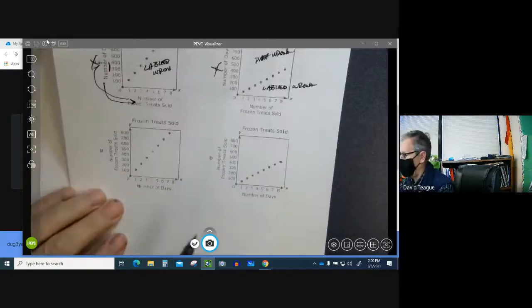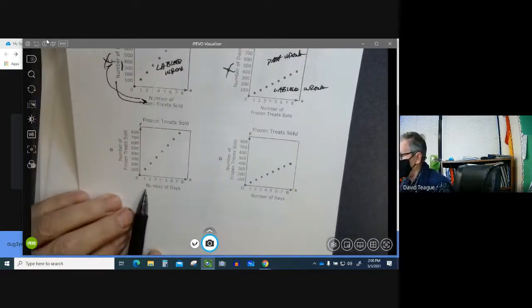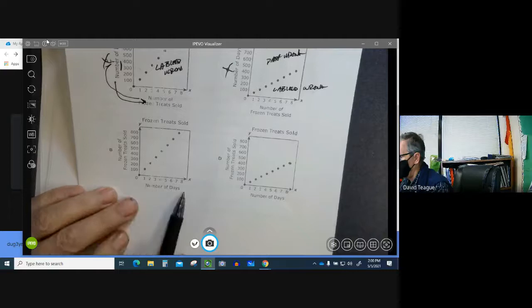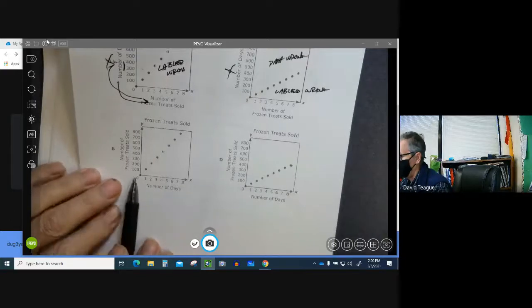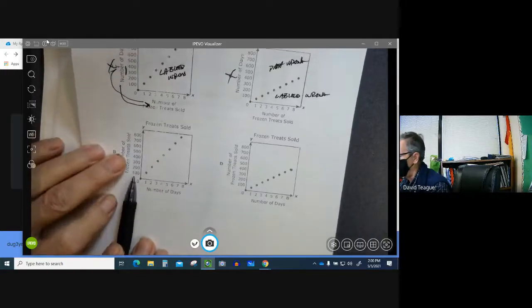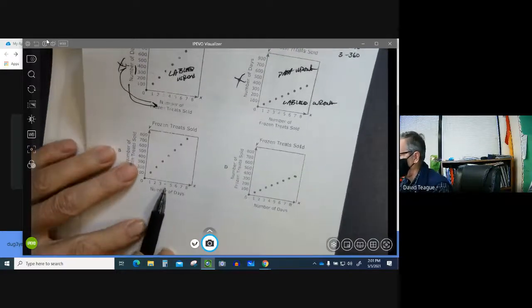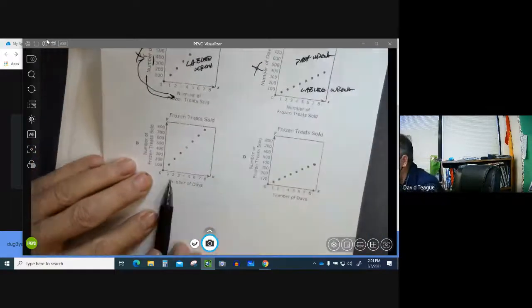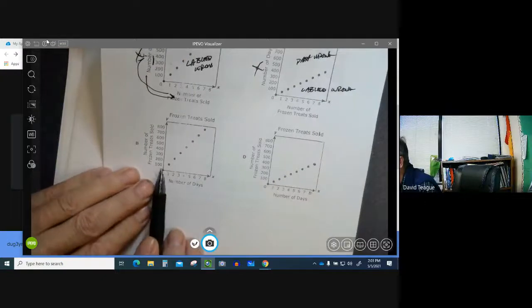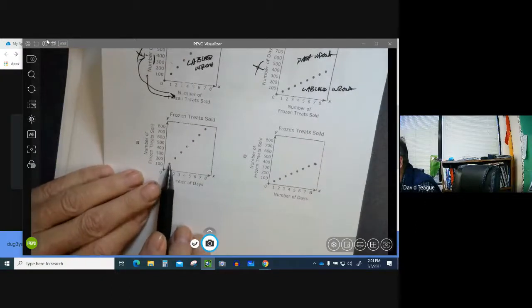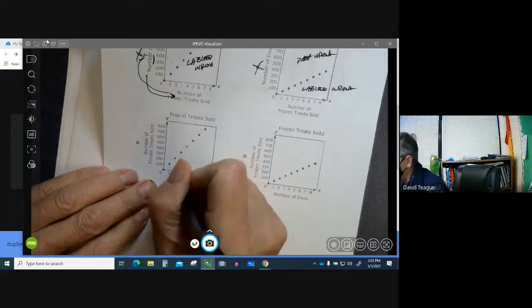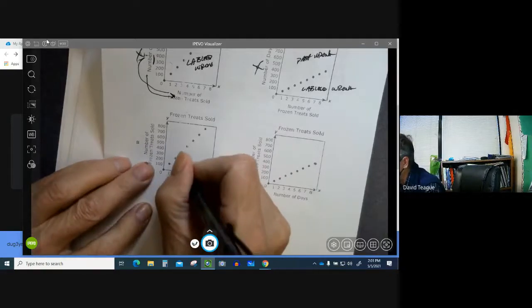So now let's look at it. So this is right. The number of days, this makes sense. And the number of treats, that makes sense. Now let's look at the data. So we know the first day he did 120. So here's day 1. Here's 100. It's a bit over 120. This looks good, right? And the second day, a little over 240.